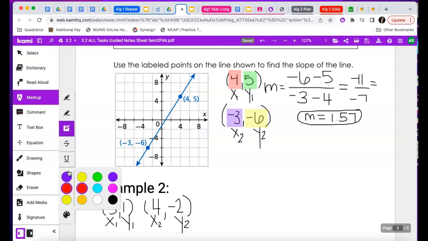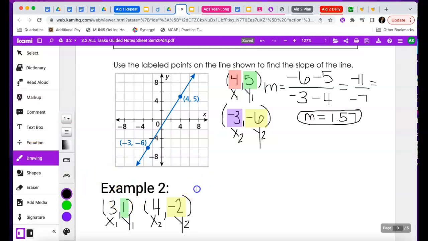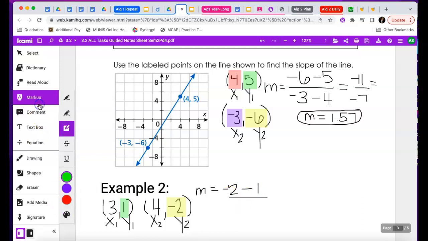So the second y value minus the first y value. So on the top, to calculate my slope, m equals -2 minus 1 over my second x value, which is 4, minus my first x value, which is 3.